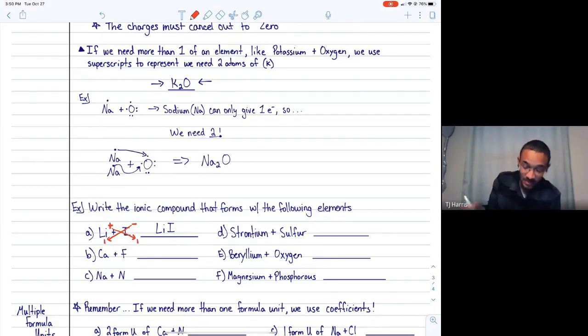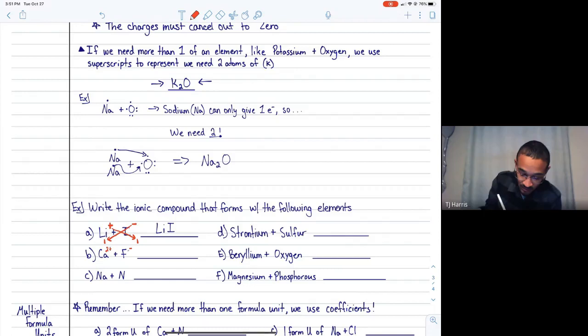1 and 1. I only need 1 lithium and 1 iodine. Let me show you again. In the second one, I know calcium is in group 2A, 2+. I know fluorine is in group 7A, 1-.